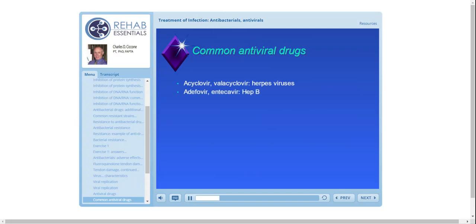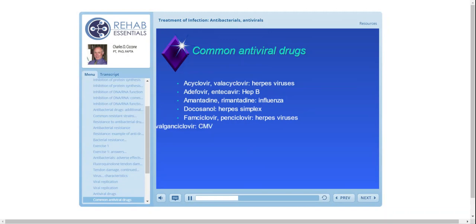Again, just to give you an idea of some of these: adefovir and entecavir for hepatitis B, amantadine and rimantadine for influenza type A, docosanol for herpes, the cyclovirs, famciclovir, and penciclovir again for herpes, ganciclovir, valganciclovir for cytomegalovirus, very, very powerful virus, often in immunocompromised people. Same thing with foscarnet, cytomegalovirus, and certain herpes.